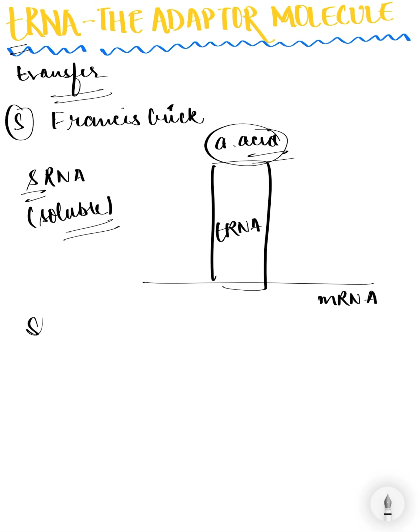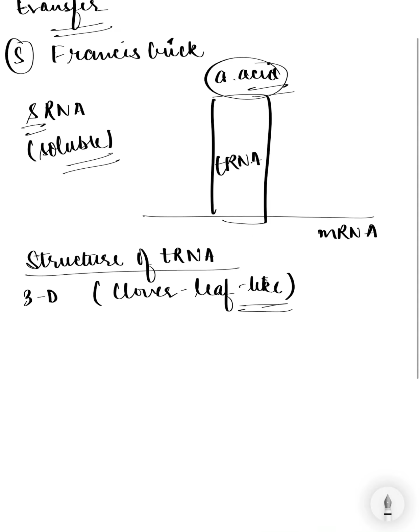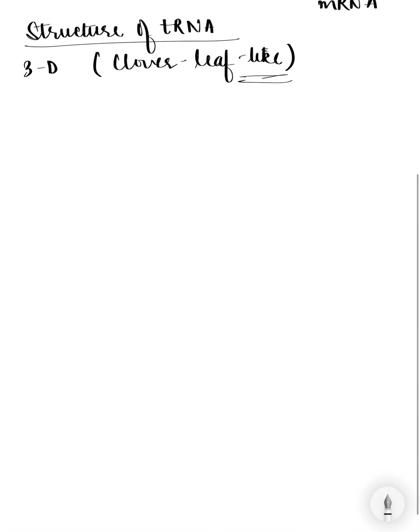Now if we talk about the structure of tRNA, its structure is a 3D structure. It looks like a clover leaf like structure. Right, now let's talk about the parts of this structure.